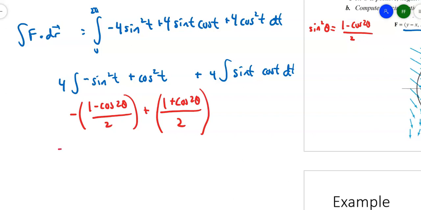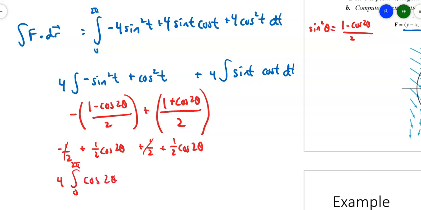So let's expand this out. I get negative 1/2 plus 1/2 of cosine 2 theta plus 1/2 plus 1/2 of cosine 2 theta. So the halves cancel out, and I end up with 1/2 plus 1/2, which is 1. So I get 4 integral from 0 to 2 pi of cosine 2 theta d theta.